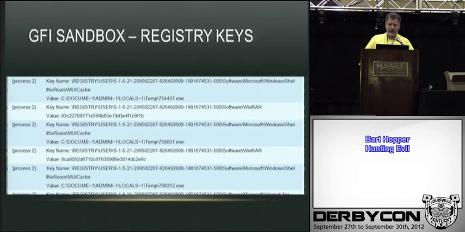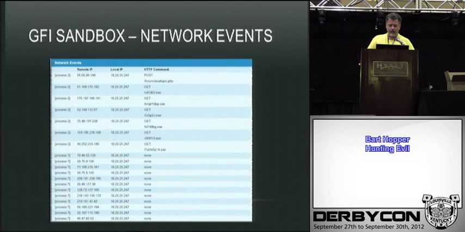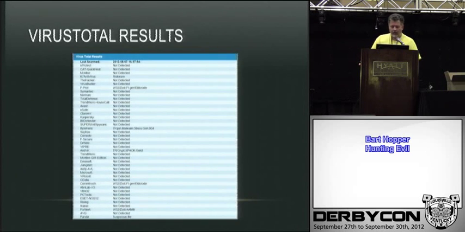Here are some of the registry keys. This is very useful information for your incident response folks. Here we see the secondary payloads being downloaded and the IP addresses. This one was submitted to VirusTotal, and did not have a very good detection rate.